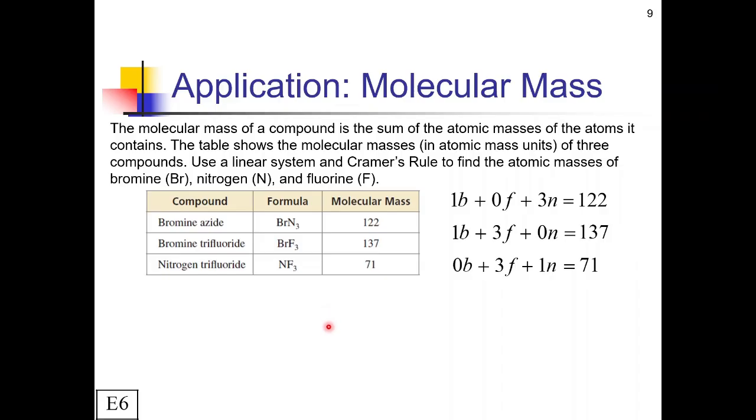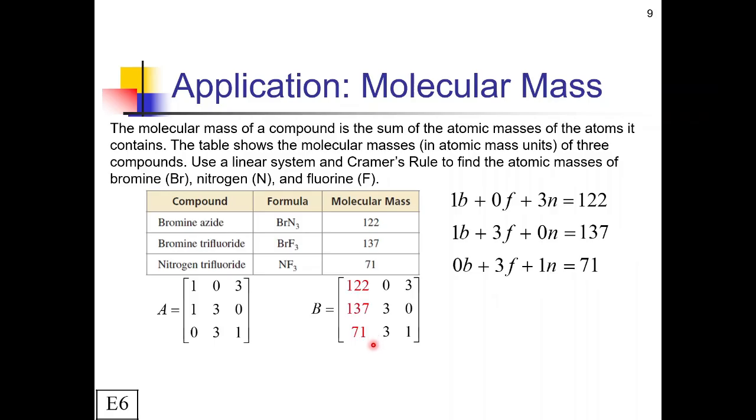All right, so if we're going to use matrices and Cramer's rule, again, we need to set up our 4 different matrices. The coefficient matrix plus the other 3 for each of the variables. So here's our first one, my A matrix. That's going to have 1, 0, 3, 1, 3, 0, and 0, 3, 1. Next, my B matrix will have all of this stuff, but I'm going to replace this first column with 122, 137, and 71.